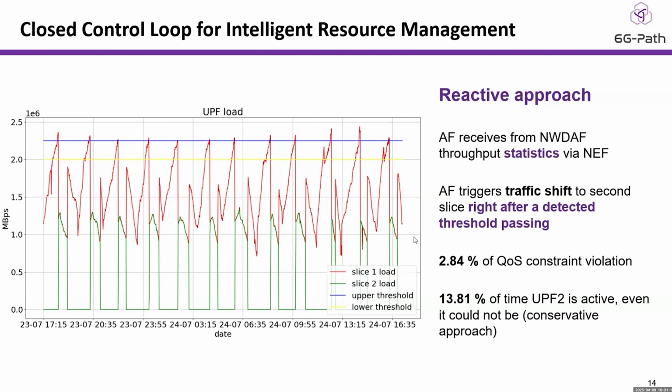And when the total throughput goes below the other lower threshold that we are empirically fixing, we switch off UPF2 and move all traffic back to a single UPF. In this case, we slightly violate the QoS constraint, around 2.8 percent of the time, because obviously we are reactive, so we are seeing something that we don't necessarily want happening, but not for a lot of time, and we are saving in the UPF2 overconsumption.